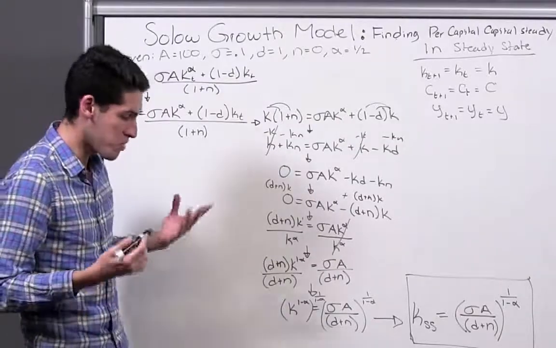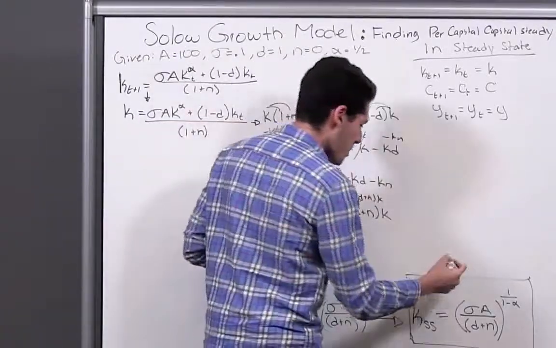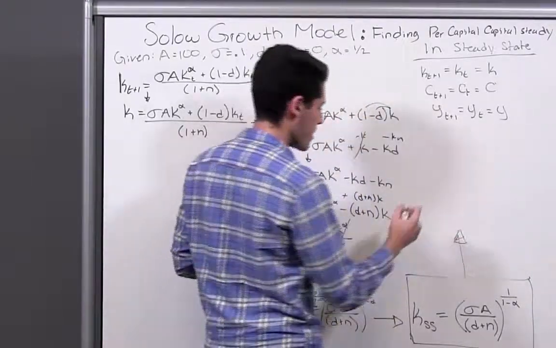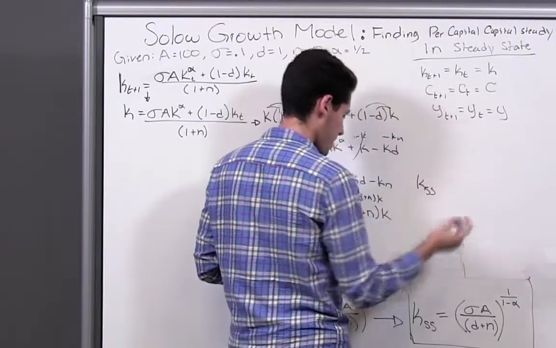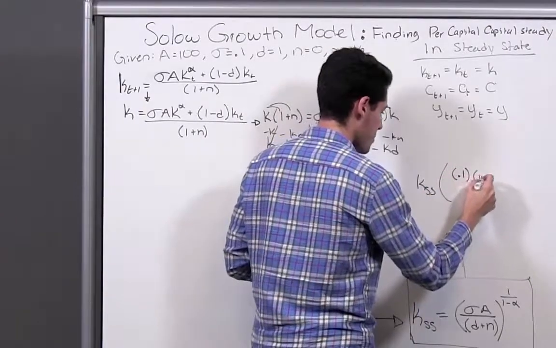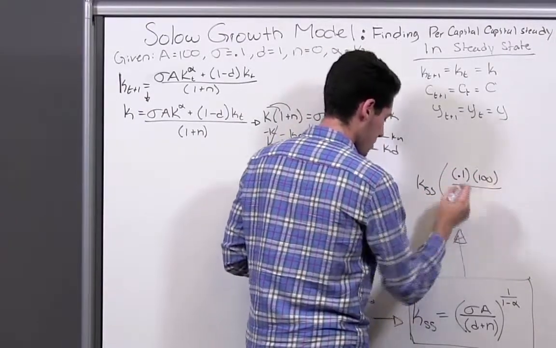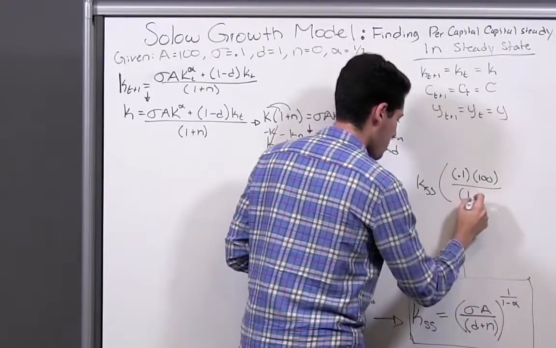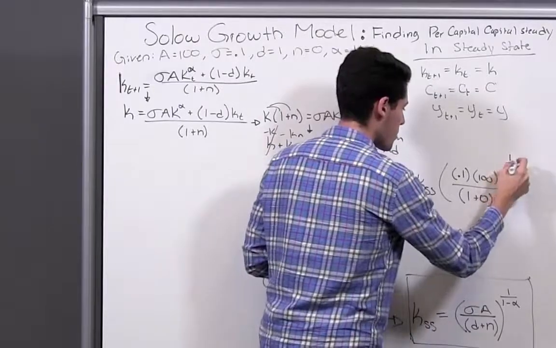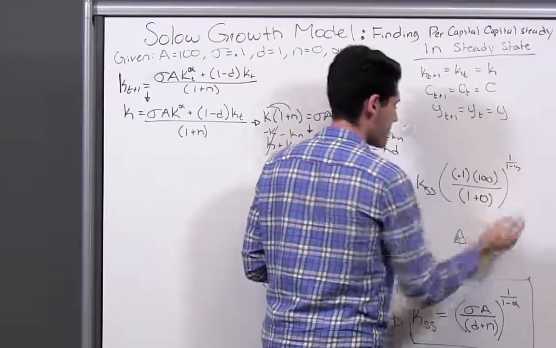So, as just a quick exercise, we should get the exact same thing we got in the last video, which is that K star equals 100. So let's do it. Sigma was 0.1, A is 100, over 1 plus 0. All of that to the 1 over 1 minus 1/2.